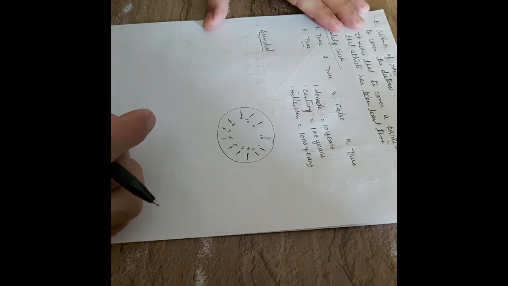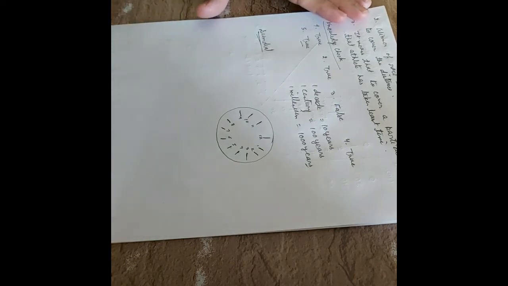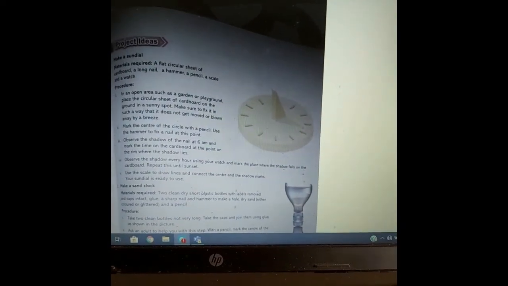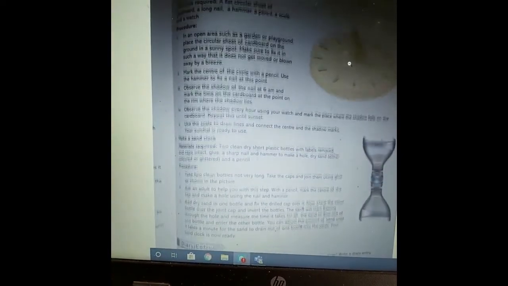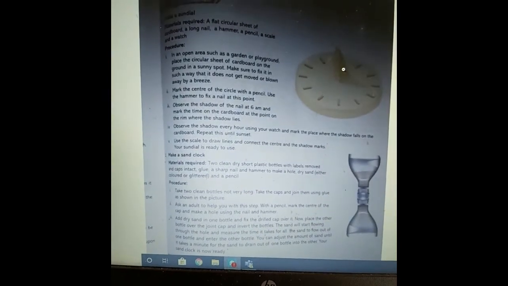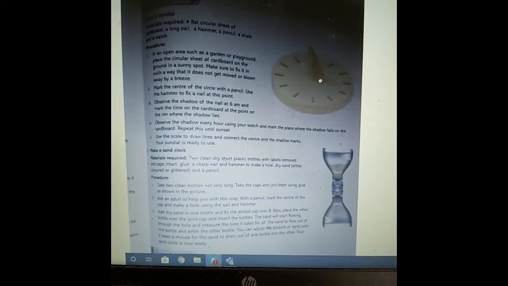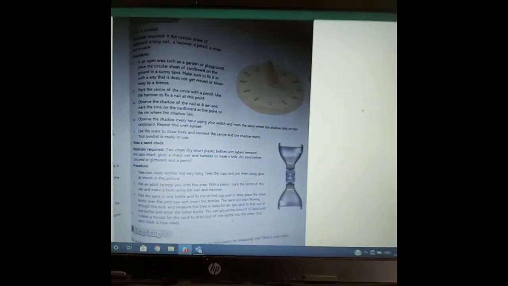Now, what do you do? You have to make a projection like this. Where my cursor is pointing, you have to make the projection like this with the help of the cardboard, right?